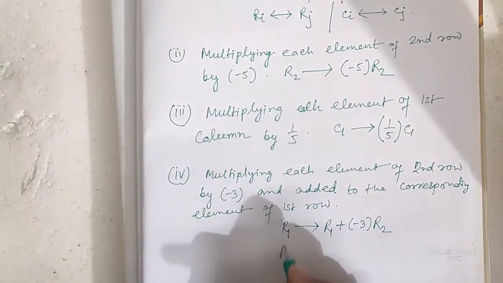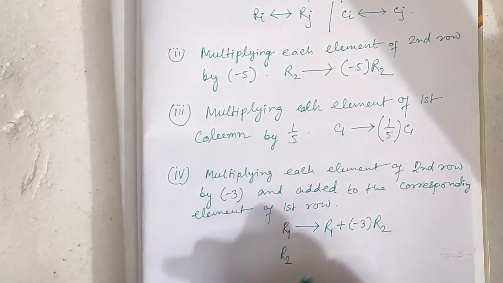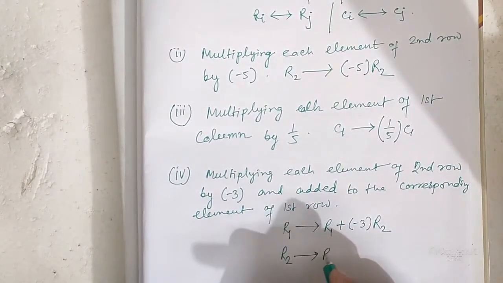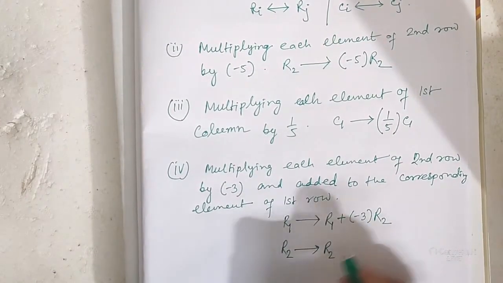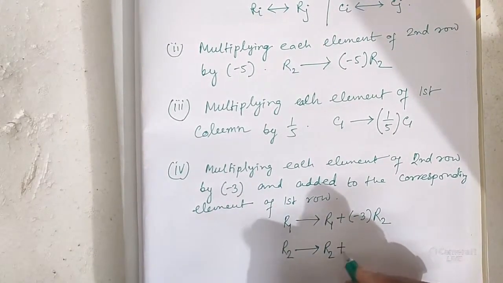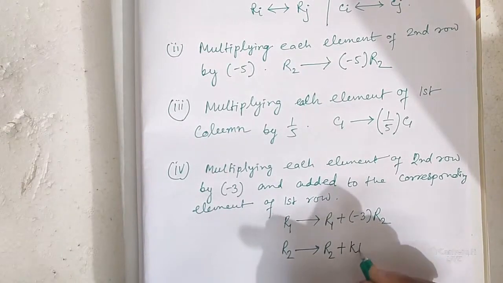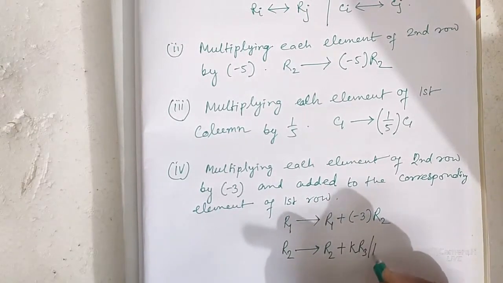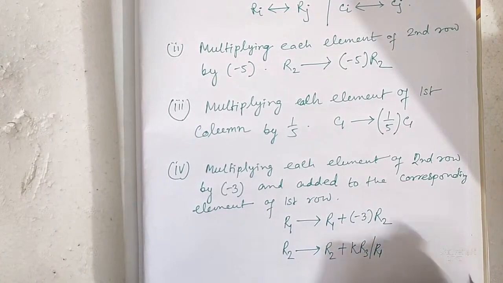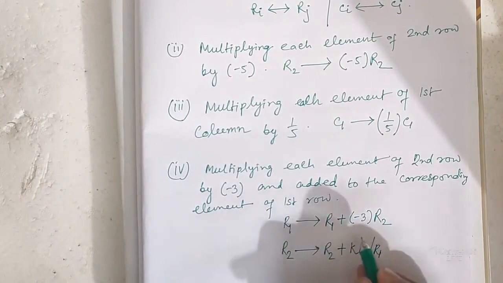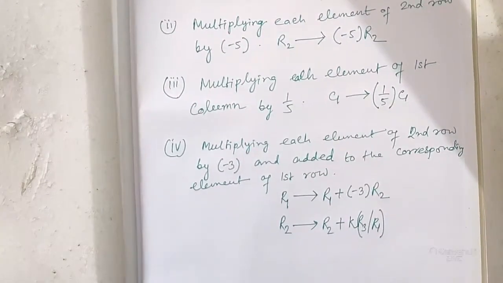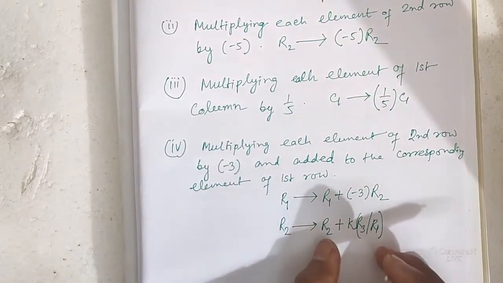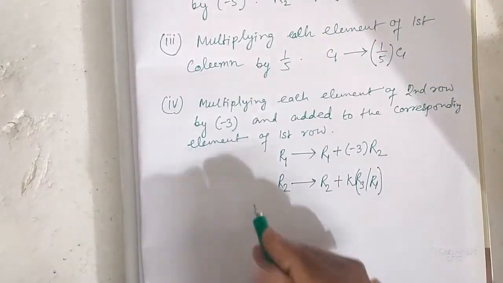Now if I am changing R2, you cannot multiply anything with R2. You can multiply any scalar with R3 or R1, then you have to add with this R2. Is it clear? Similarly, the same thing we can do for columns also.